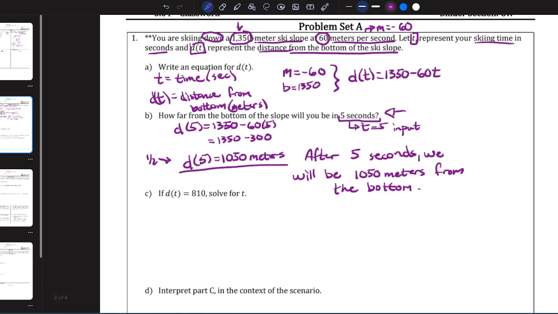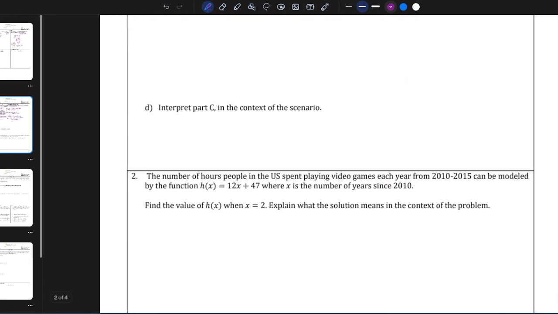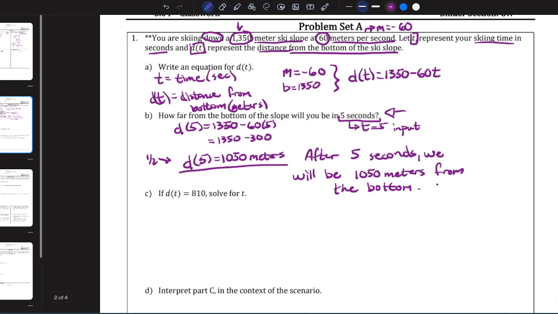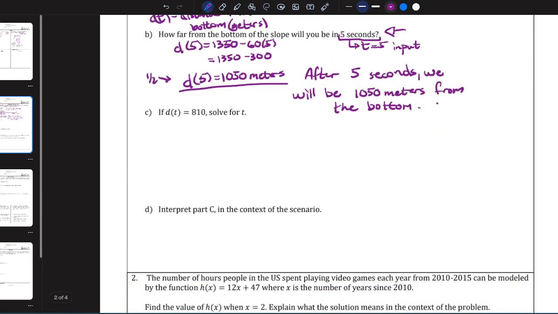All right, and so let's take a look now at part C. If d of t is equal to 810, solve for t. And so right away, I'm going to recognize, and I'm hoping we all recognize, this is an output. This is outside the parentheses, this is an output.